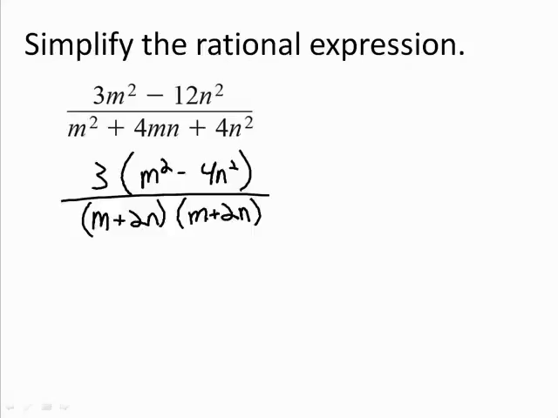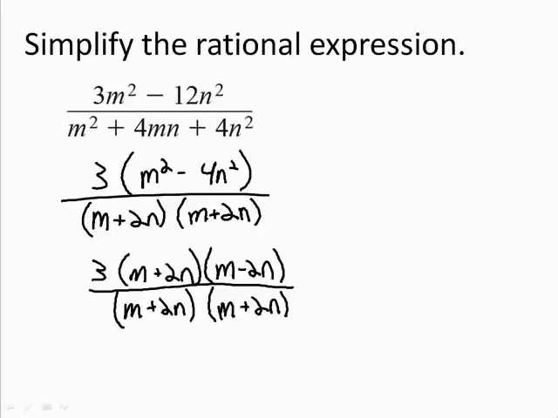The numerator factors into 3 times the quantity m squared minus 4n squared, and the denominator factors into m plus 2n times m plus 2n. m squared minus 4n squared can be simplified further. 3 times the quantity m plus 2n times the quantity m minus 2n divided by the quantity m plus 2n times the quantity m plus 2n. And m plus 2n in the numerator and denominator cancel out. You are left with 3 times the quantity m minus 2n divided by the quantity m plus 2n.